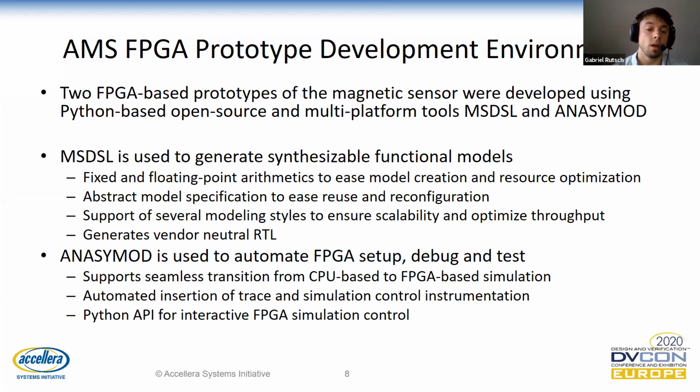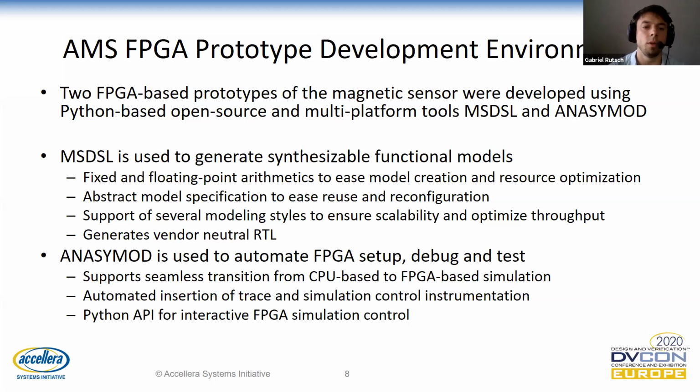Being able to quickly change from fixed to floating point representations of the functionality also means that it's easy to, let's say, optimize and regulate how many resources are needed on the FPGA, because typically, fixed point arithmetic can be represented on an FPGA with a lot fewer resources.